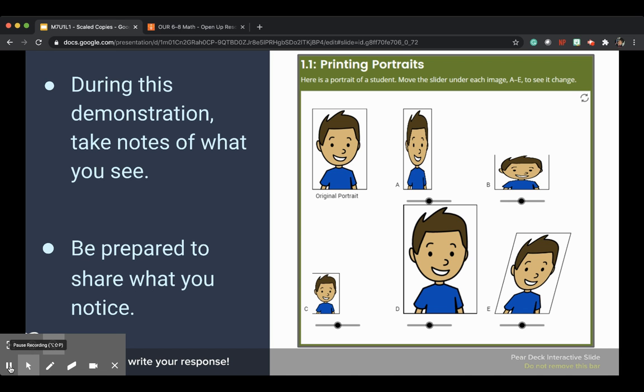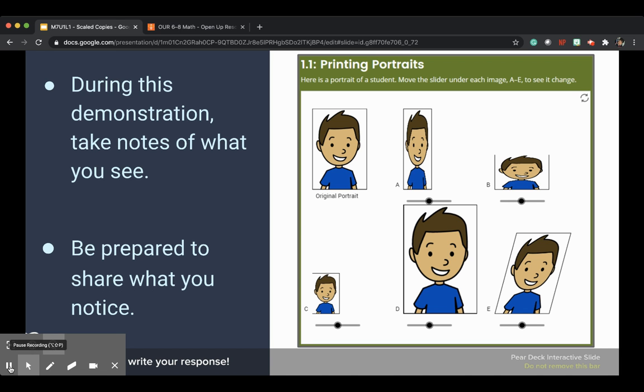And once you write it down, if you have that highlighter present, let's make sure that you highlight it. So a scaled copy is a copy of a picture that changes in size but does not change in shape.